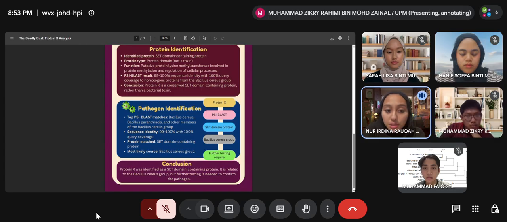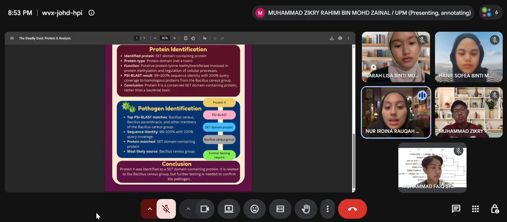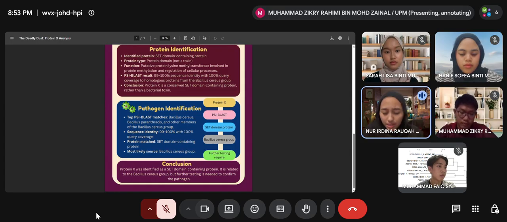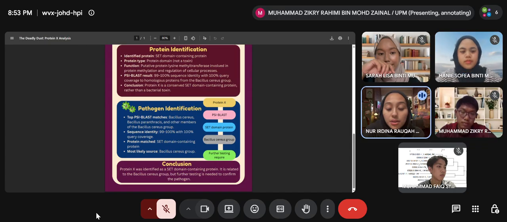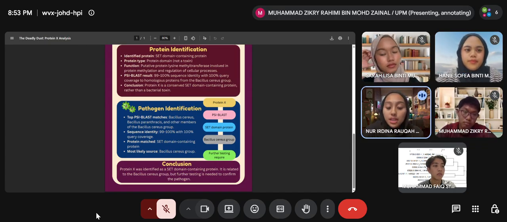The results, including 100% query coverage, 99 to 100% sequence identity, and a highly significant e-value of 2 times 10 to the power of negative 27, as I stated before, provide strong evidence that protein X is a conserved protein involved in cellular regulation rather than a bacterial toxin.